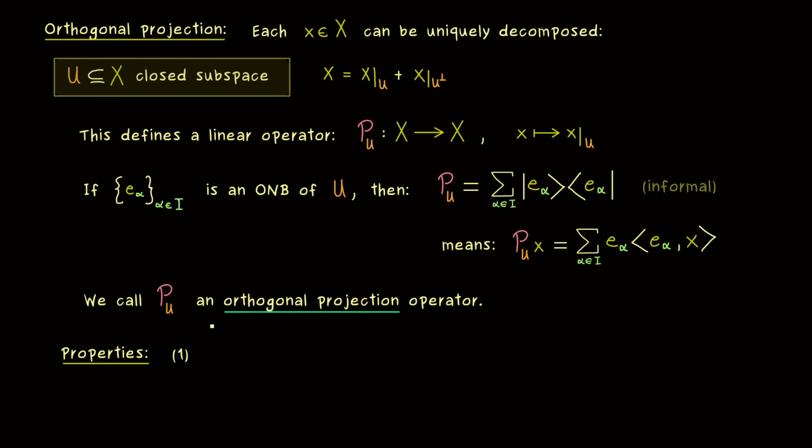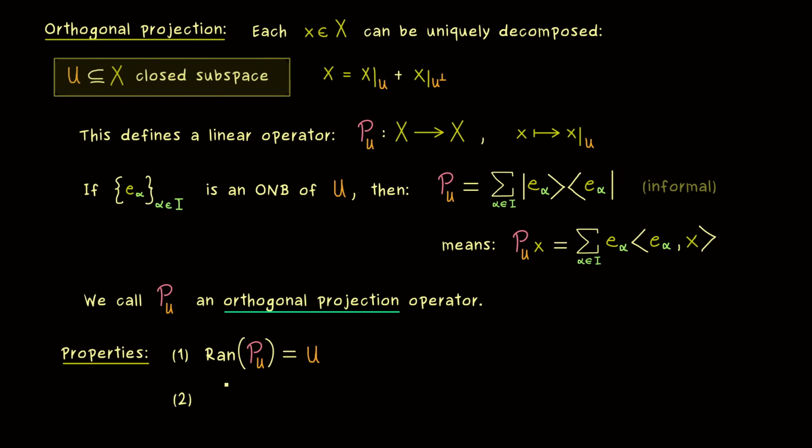First of all, since we project our vector X onto a subspace U, we already know the range of our P_U. So these are all the elements we can hit with our linear map, and obviously this is the whole subspace U. Clearly it cannot be bigger than U because we project onto U, and we hit all the elements in U because we can just take any u as an input as well.